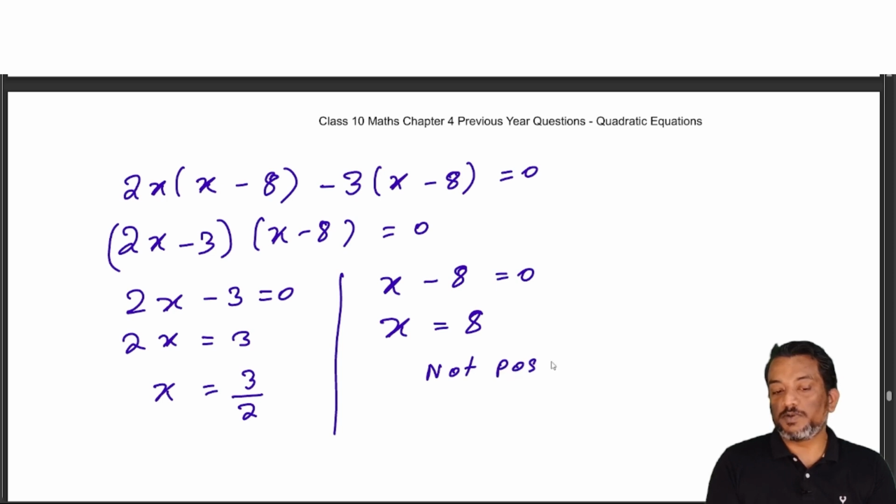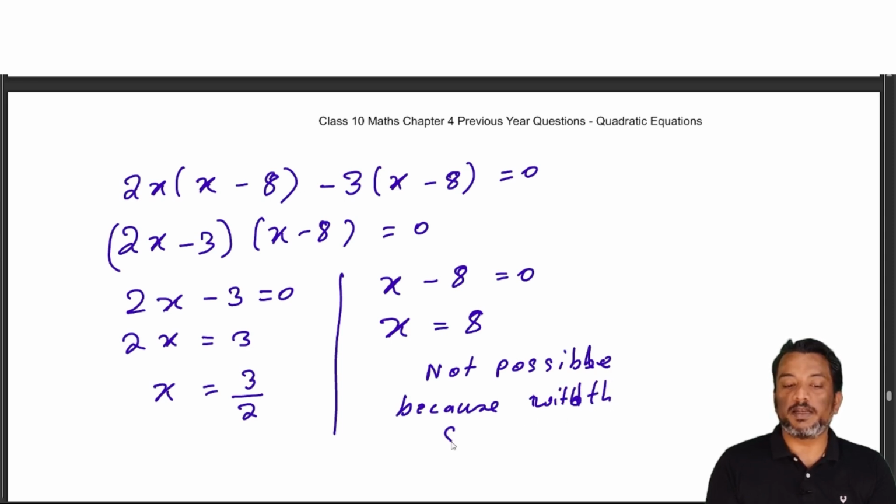Not possible because the inner width is given as 7 meter, sorry, 7 meter.